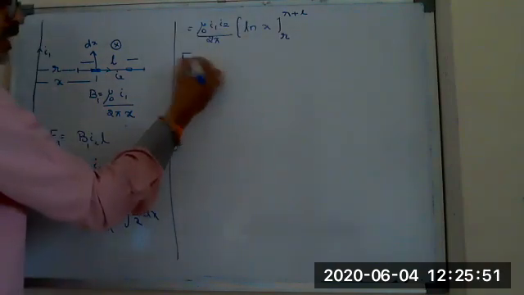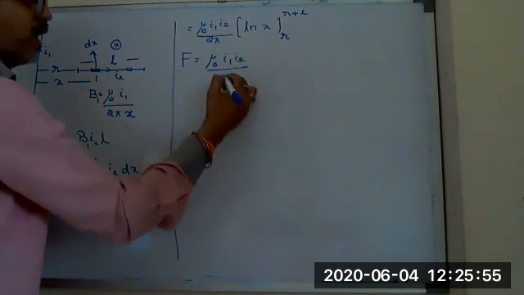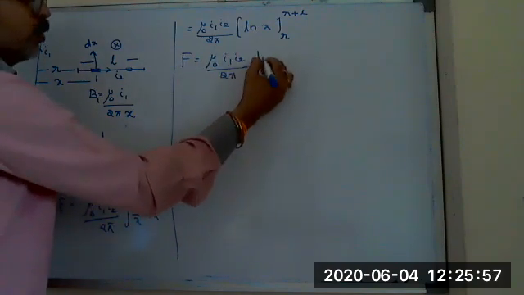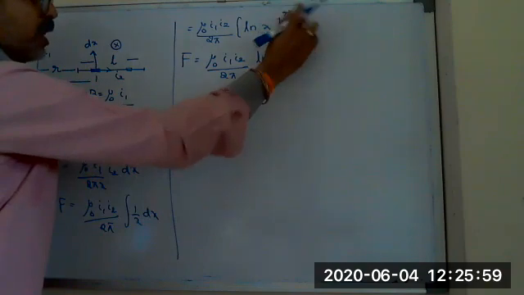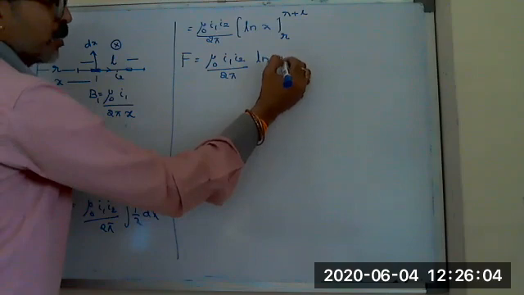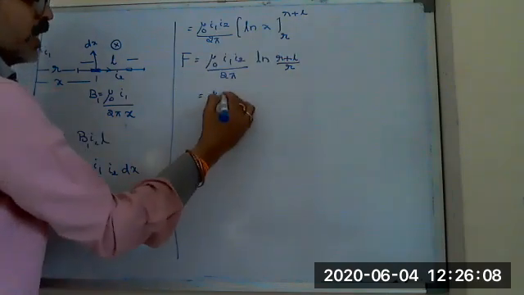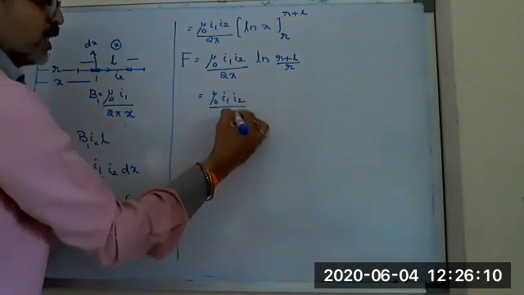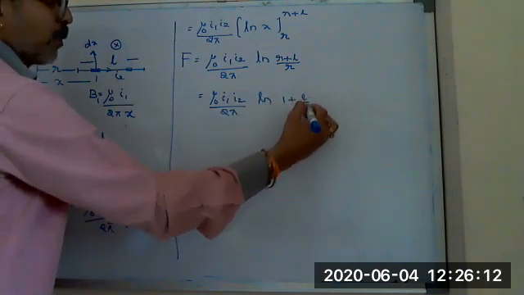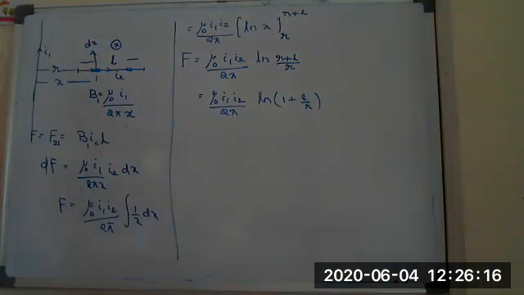So the force on the second conductor is mu naught I1 I2 by 2 pi into log r plus l minus log r, which is log of r plus l by r, that is mu naught I1 I2 by 2 pi into log 1 plus l by r. This is the formula for the force.